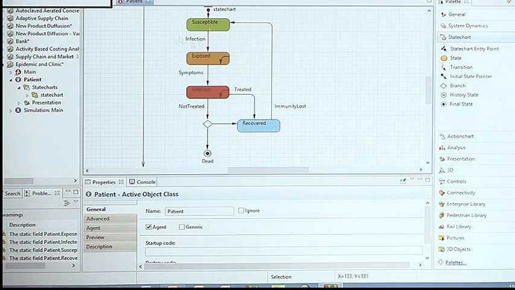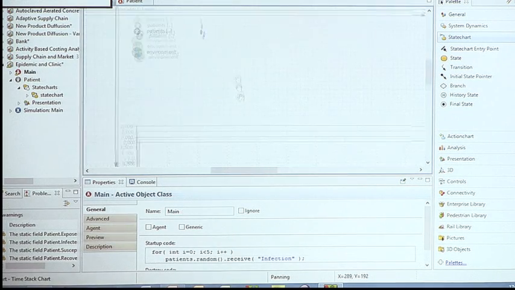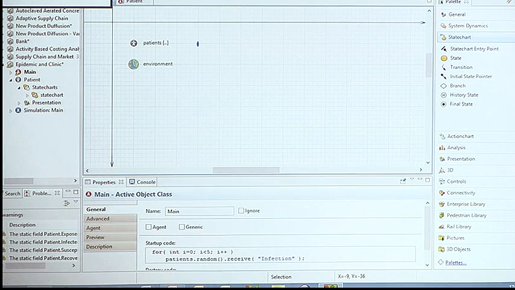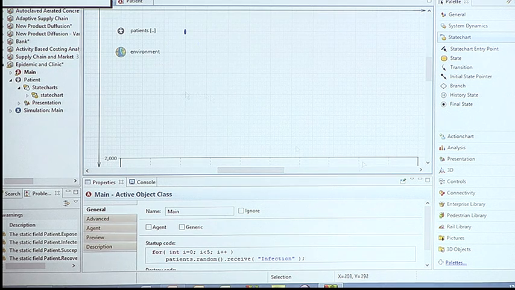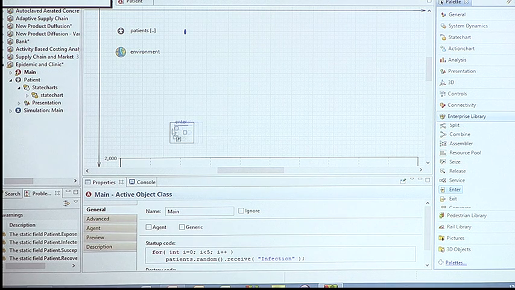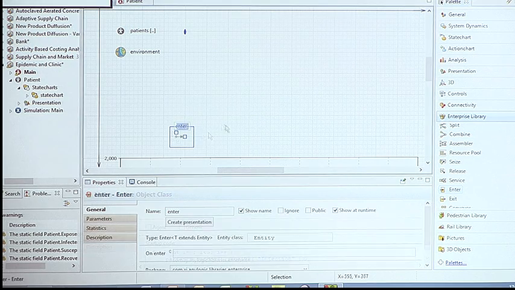Let's build the model of a clinic. I'll build it at the main level. Main is the global level, or let's say the main object where everything else is happening. And we have patients living inside main. Right now I'm in main. And I will create this kind of flow chart. Okay, enter.